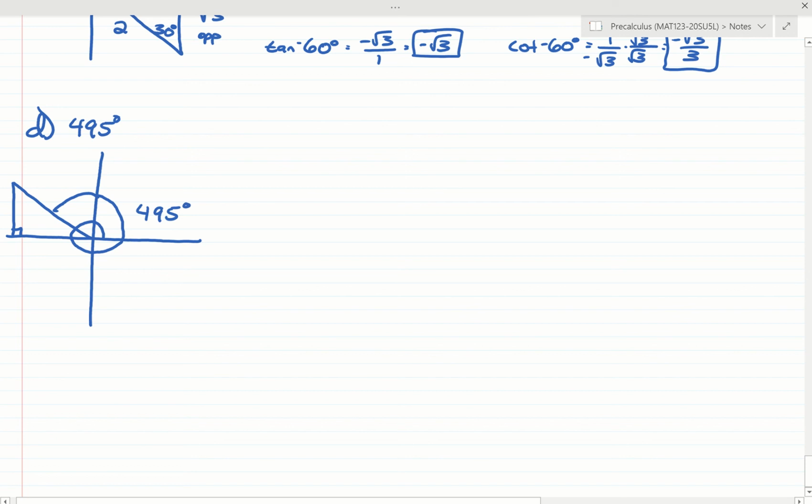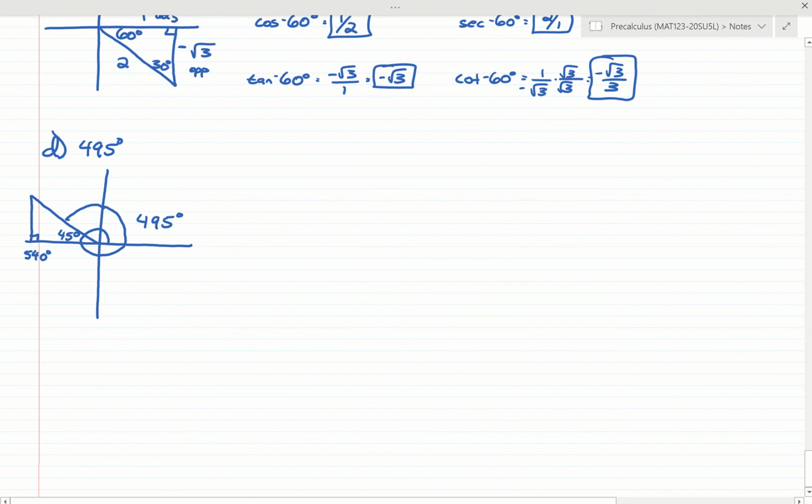So the x-axis would be 540. So what would the reference angle be? Well, we'd have to go another 45 degrees to get there. So our reference angle is 45, which means this other angle would be 45. And remember, the sides opposite 45 are 1, 1, and root 2. So anytime you go left or down, those sides are negative.